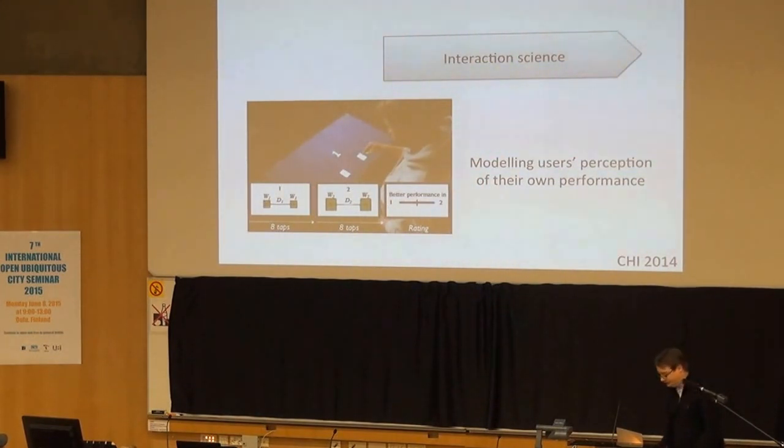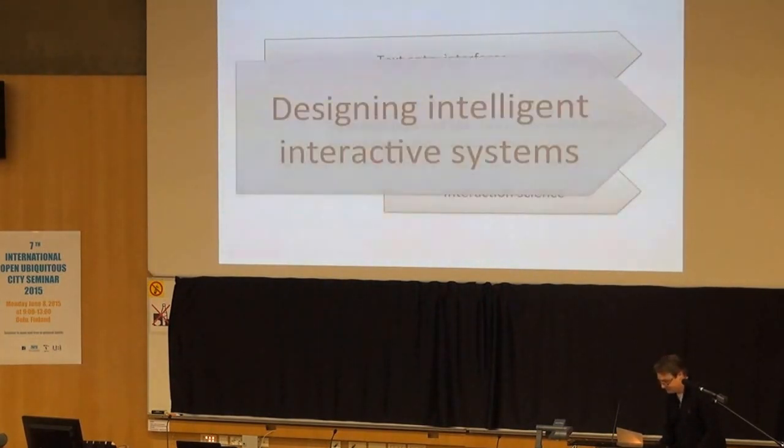They are unlikely to notice it. And this can actually be predicted very nicely using a logistic function with just 2 parameters. You can ask me about that later if you're interested in that. So, lots of stuff, but what they all have in common is that it's about designing intelligent interactive systems. So these are systems that infer or predict users' actions, typically using sensor data and machine learning.